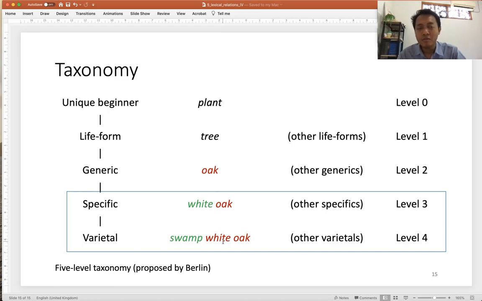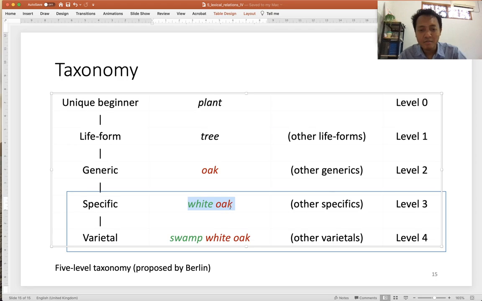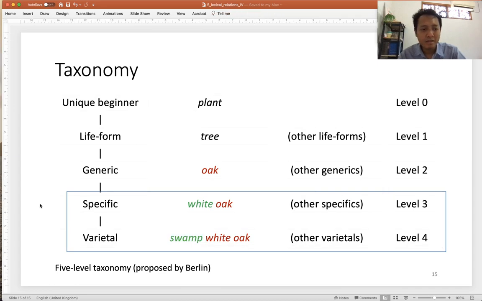A swamp white oak is a kind of white oak, and you use these superordinate terms in this level with some modifier.